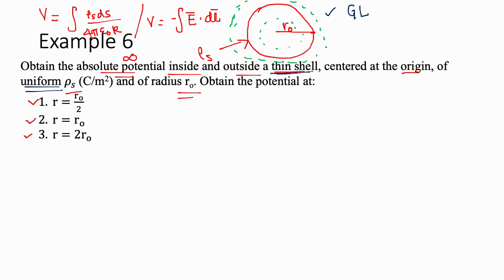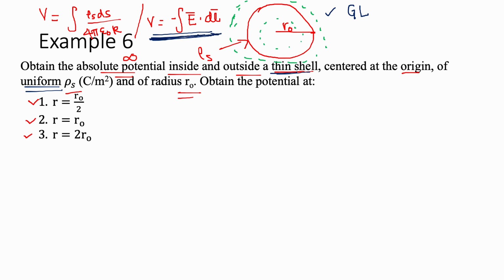And the second thing, it is a spherical shape, a thin shell. So of course, since it is a spherical shape, we can find the E field using Gauss law. When the E field can be obtained using Gauss law, the only formula that we can use to find the absolute potential is V equals negative integration of E dot dl.